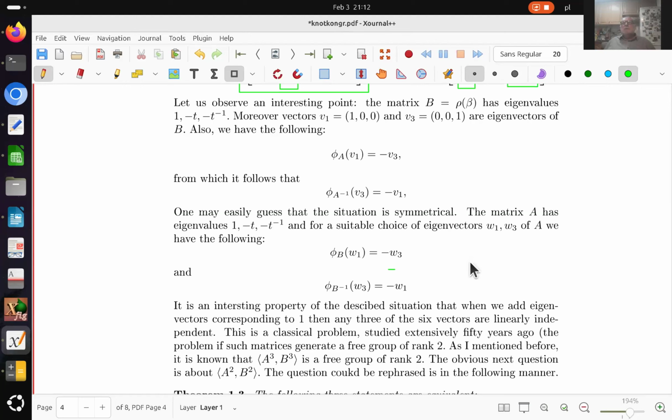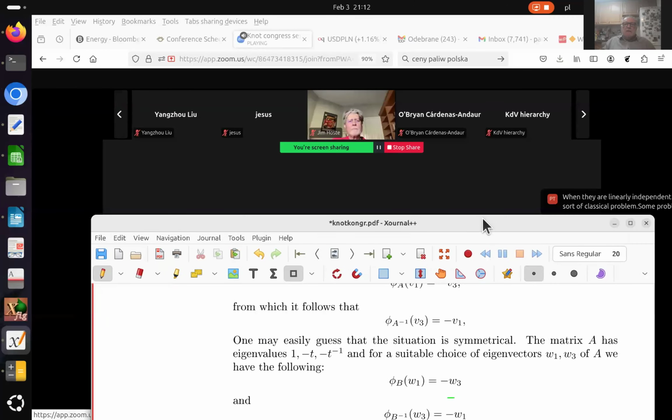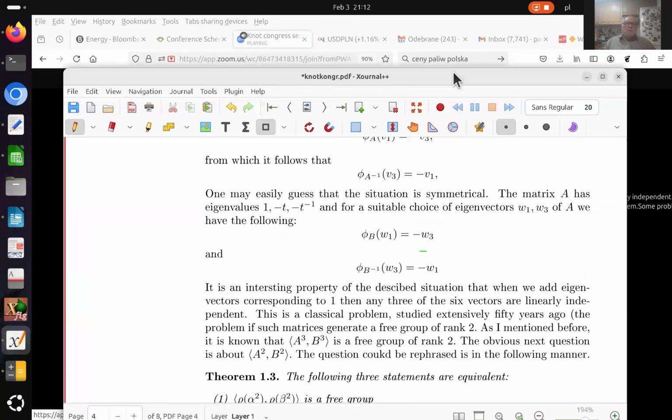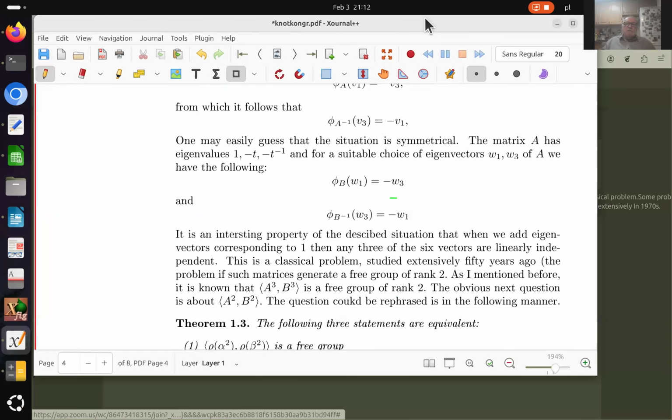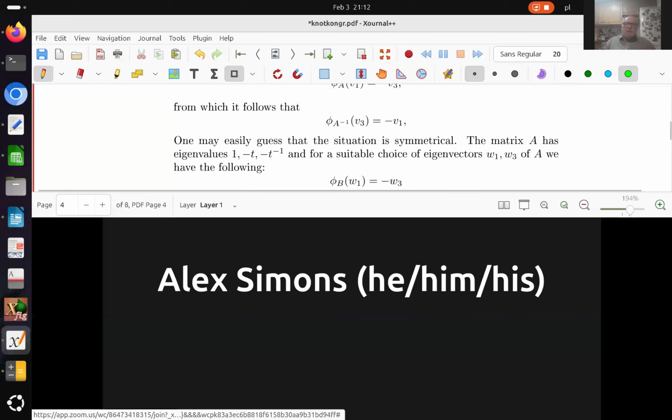Of course, it's not possible for all 6 of them to be linearly independent, but if you choose any 3 of them, then they are linearly independent. So this is a sort of classical problem, considered extensively in the 1970s, whether 2 endomorphisms with such properties generate a free subgroup.